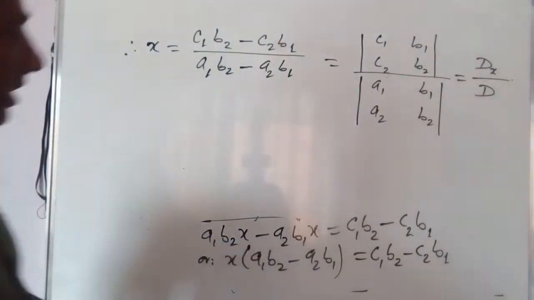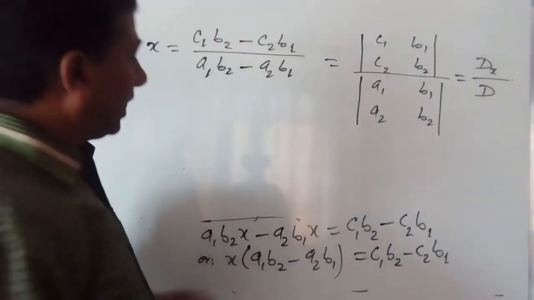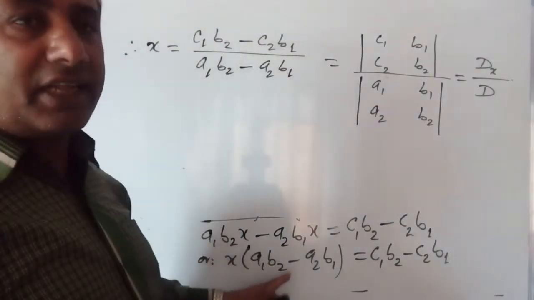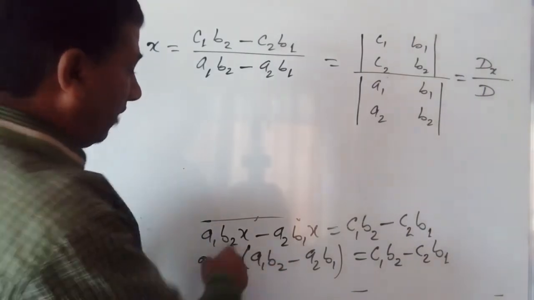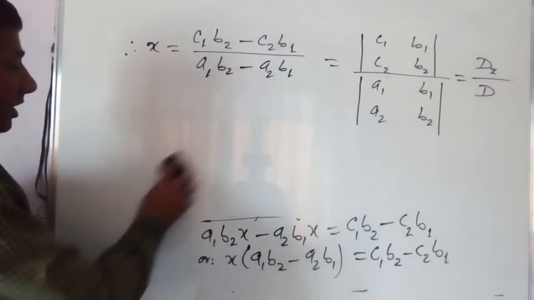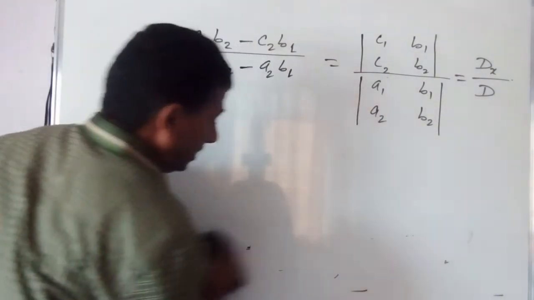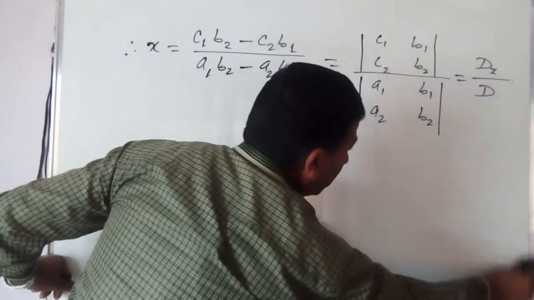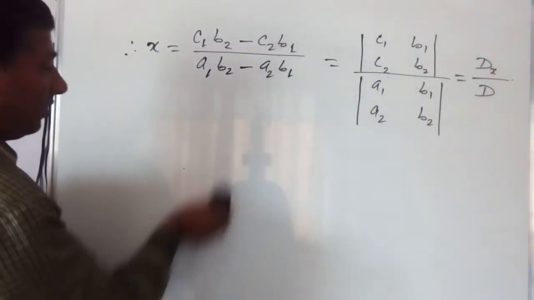Now here I cancelled y by the elimination method and found the value of x. Now if we cancel x by the same method, we will get the value of y also.